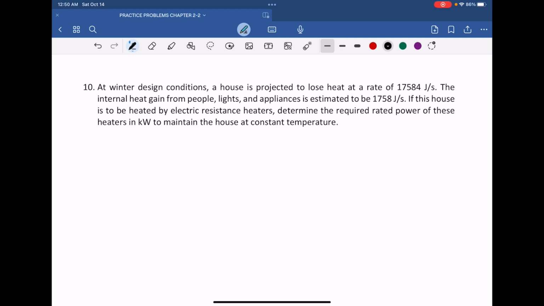When I read this sentence, I understand that there are energy interactions. There is a house, there is energy getting into it, and there is also energy loss. But what we are trying to do is keep the temperature constant.